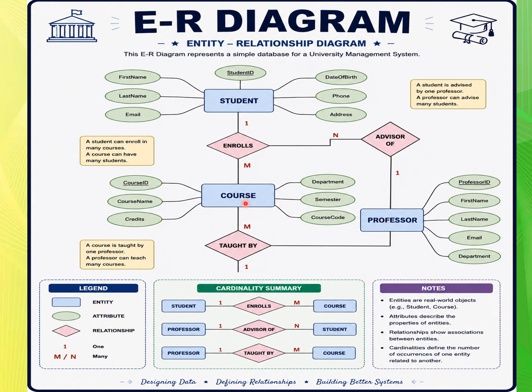So here rectangle symbol represents an entity, oval symbol represents an attribute, and a diamond symbol represents the relationship between two or more entities. The cardinality is represented by 1 for one-to-one relationship and M or N for many to many or many to one relationship.